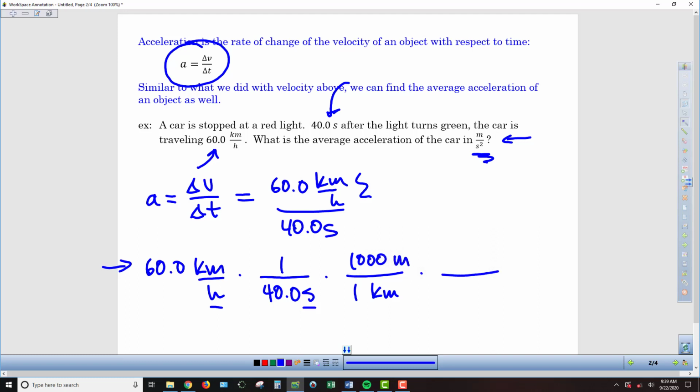And then again, I've got seconds, but I need to convert the other hour into seconds as well. So I've got 1 hour is 3,600 seconds. Now I'm at the button pushing point of my problem. Again, rounding to 3 significant figures like we see in our measurements, we get an acceleration of 0.417 meters per second squared.